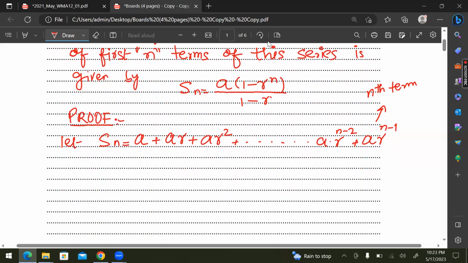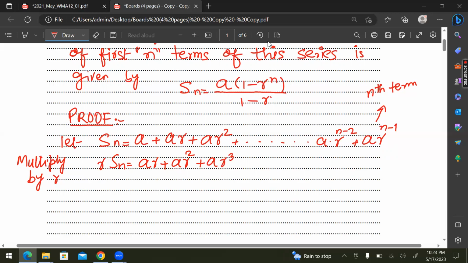Multiply both sides by r. So this is a special technique. So r into Sn, you multiply, ar². So I'm multiplying the left-hand side by r and each and every term of the right-hand side by r.